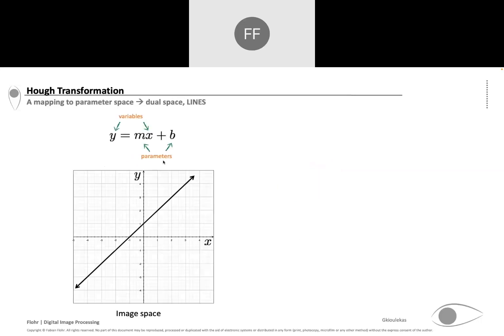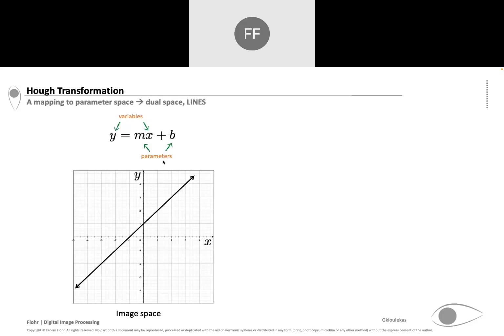So let's have a look on an example here. So in an image space, if we have a line like that defined by our parameters m and b, if we switch now to the parameter space, what is the form or the corresponding shape or points in the parameter space? What do you think?